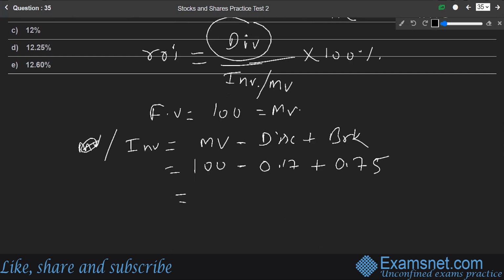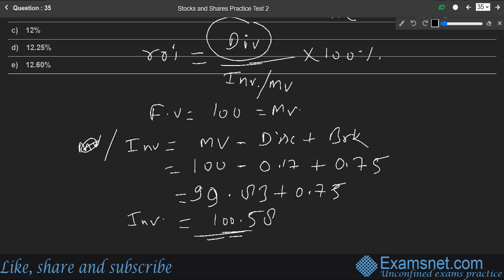So if we solve this further, this becomes 100 minus 0.17, which is nothing but 0.83, plus 0.75. If we add these together, and that is to be subtracted from 100. So 100, that is nothing but 99.83 plus 0.75, and the value finally becomes 100.58. So that is the investment done.